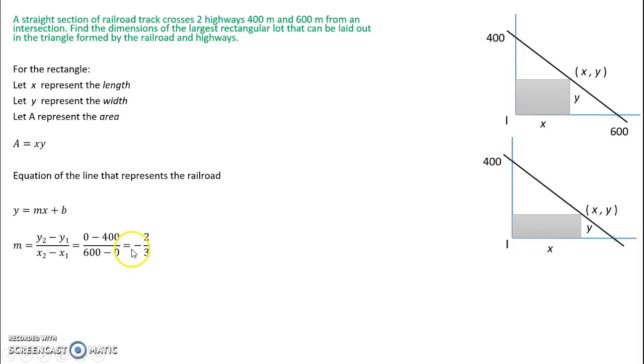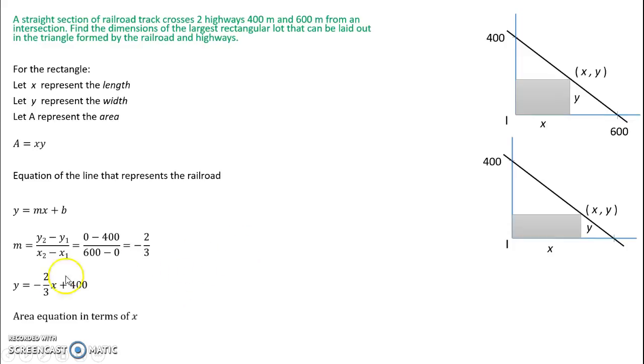When we simplify this, we get negative 400 over 600, and that simplifies to negative 2 over 3. Since we know our y-intercept, the b value, is 400, we can write our equation for the line representing the railroad track. So we have y equals negative 2 over 3 x plus 400.